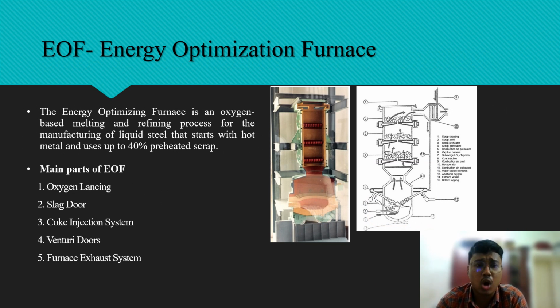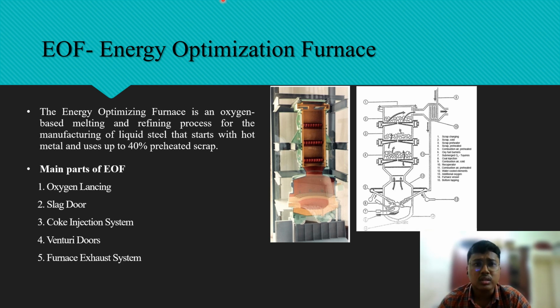EOF, Energy Optimization Furnace. This is the first and foremost unit of the steel melting station. The energy optimizing furnace is an oxygen-based melting and refining process for the manufacturing of liquid steel that starts with hot metal and uses up to 40% preheated scrap.